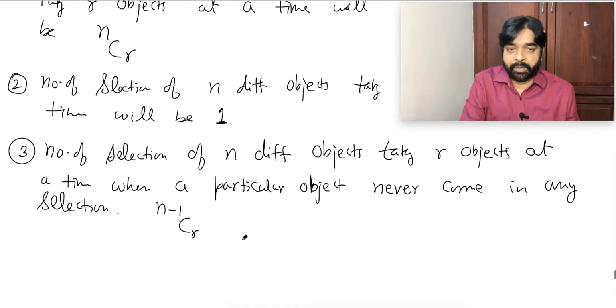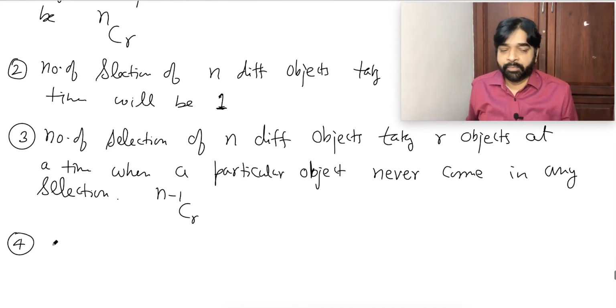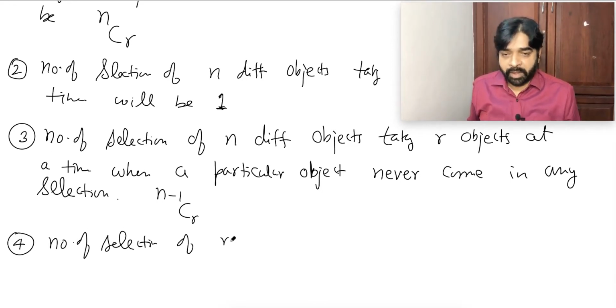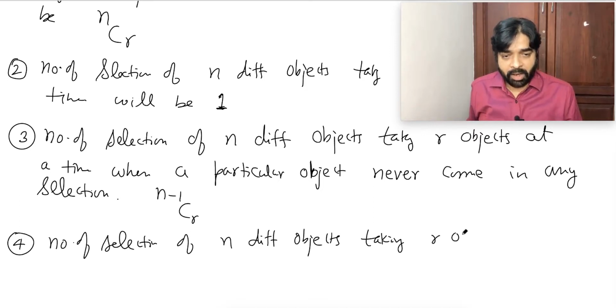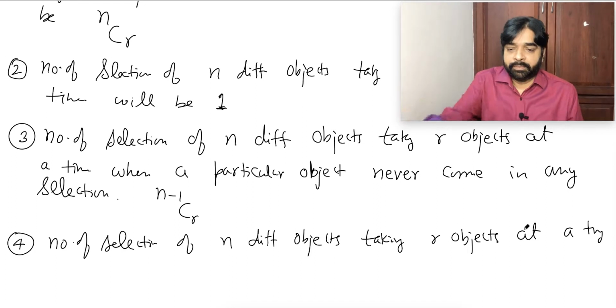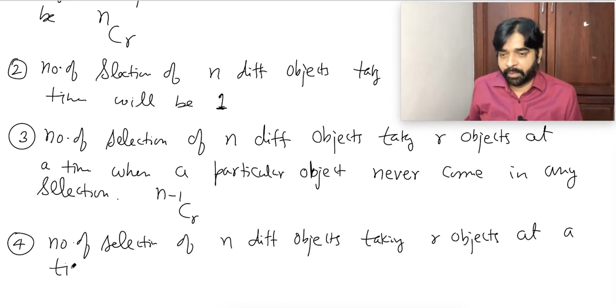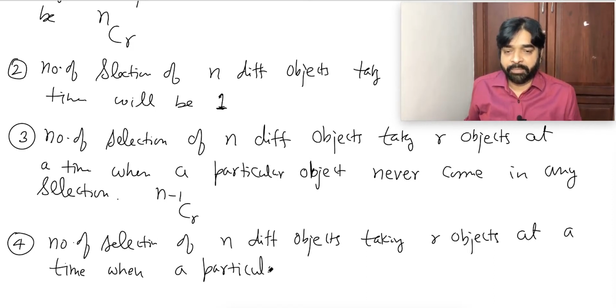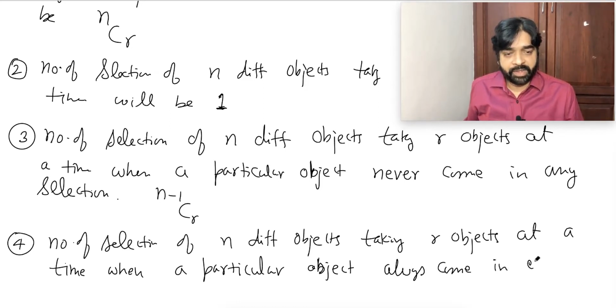Next. Keep on writing all the points. Number of selections of n different objects, taking R objects at a time, when a particular object always comes in every selection.